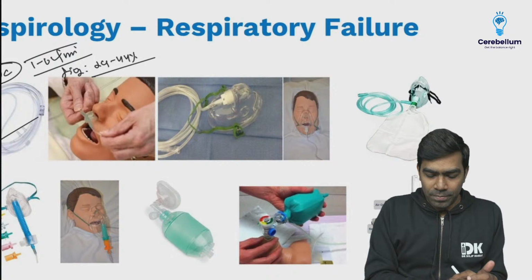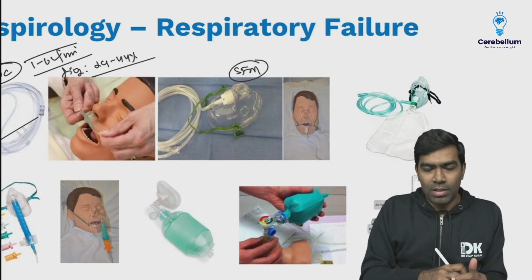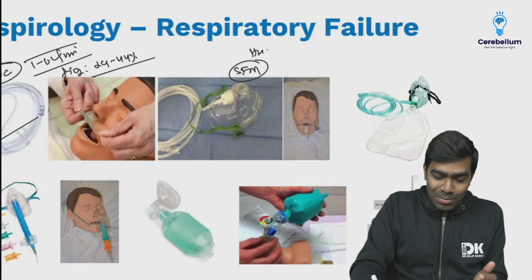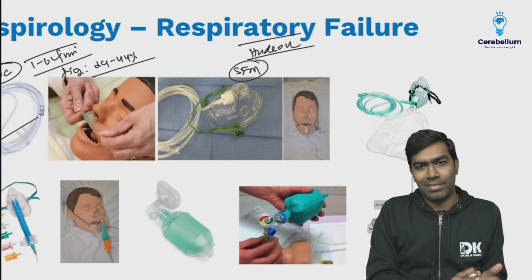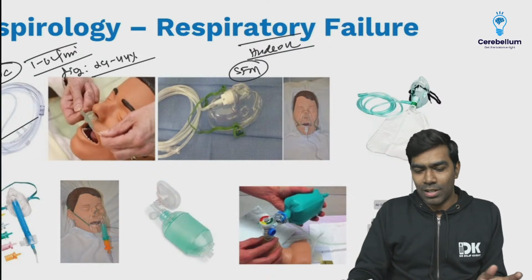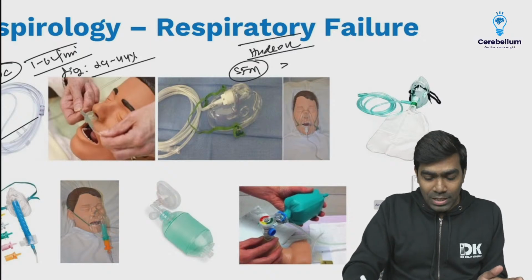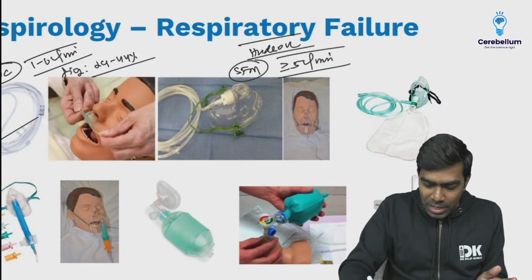And second, this is a simple face mask, SFM, also referred to as Hudson mask. What is the most important thing about this simple face mask or Hudson mask? You have to give a minimum of 5 liters of oxygen.